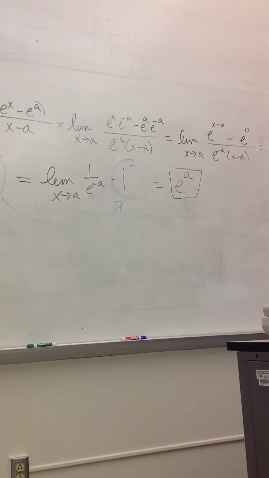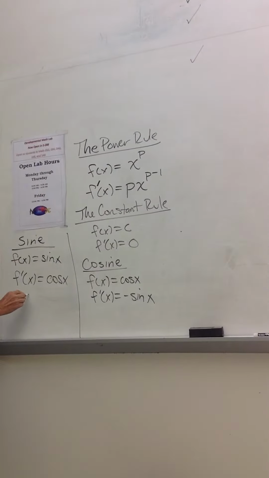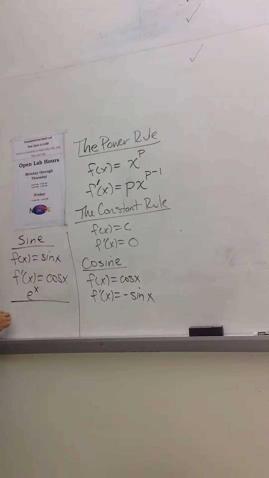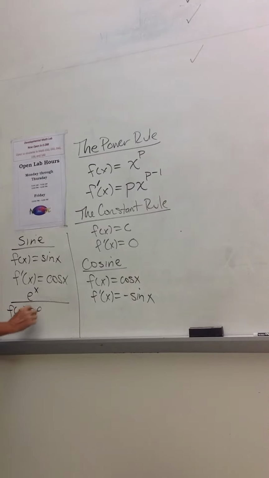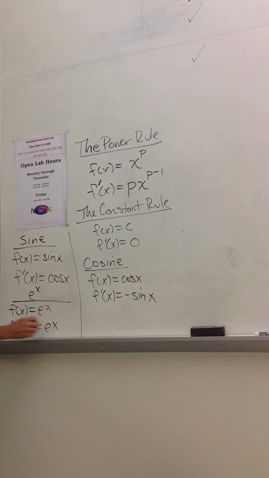I mean, that's what we just proved. We just proved that if I find the instantaneous slope, I end up getting itself. So the rule for e to the x: if f of x is e to the x, its derivative is also e to the x. E to the x's derivative is itself, and it's the only function that's true.